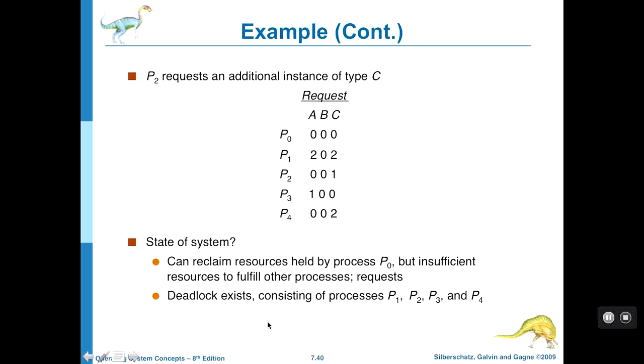Here's another instance. P2 changes its request to an additional instance of C. Now, can we tell if the system is deadlocked or not? Of course we'll set all of these to false, and then our allocation, which is on a previous page. I'm not going to attempt to rewrite that on here, although that probably would be good.